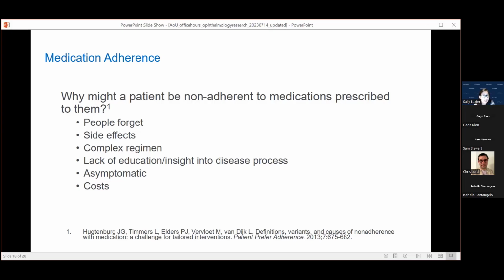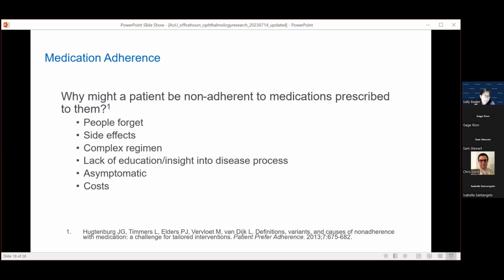Complex regimens. Again, we have a lot more people with multiple comorbidities, having to take multiple medications at different times of the day. And it can be really hard as you have people who are dealing with all these different illnesses. For glaucoma, for example, because it is often asymptomatic, people are saying, well, my eyes don't hurt, and I think I see okay, because it's the side of their vision that's involved in the early stages of the disease, and they may not see any impact on their vision.